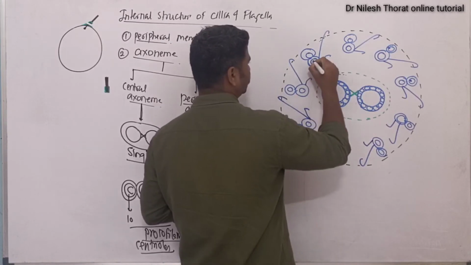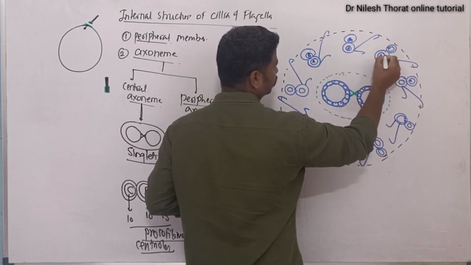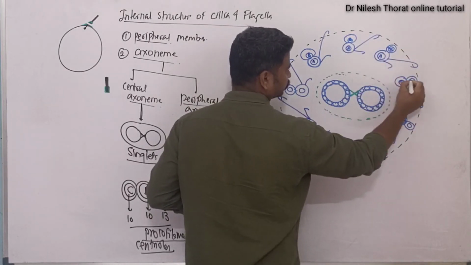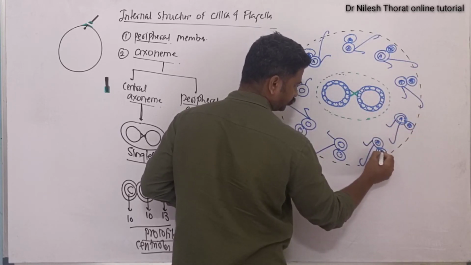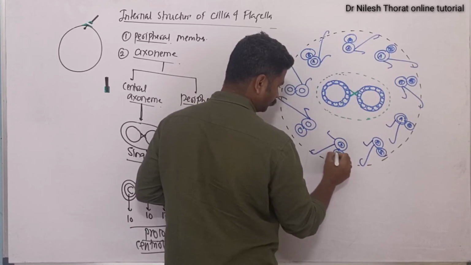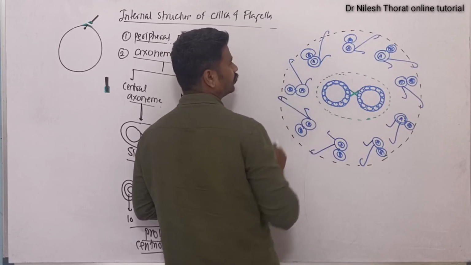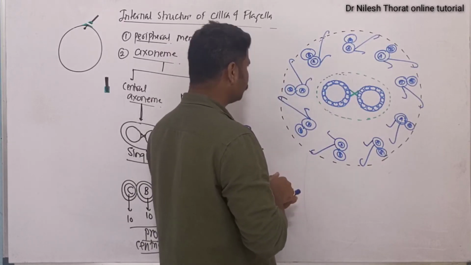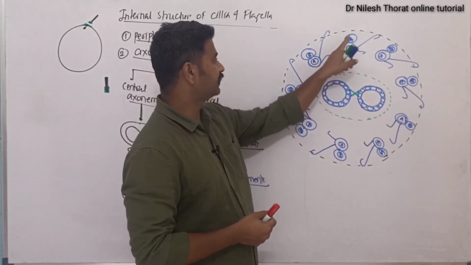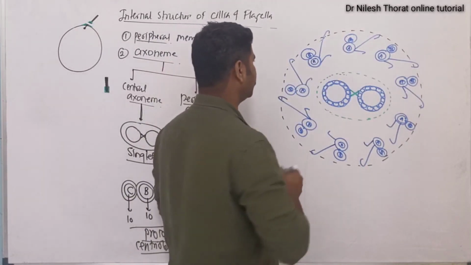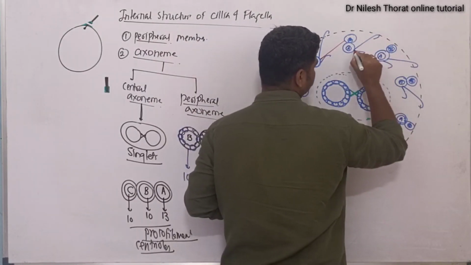Okay, this is A tube, this is B, A, B. And while connecting them, we have to connect them in a clockwise manner where the A tube of one doublet will get connected to the B tube of another doublet. So they will connect like this.